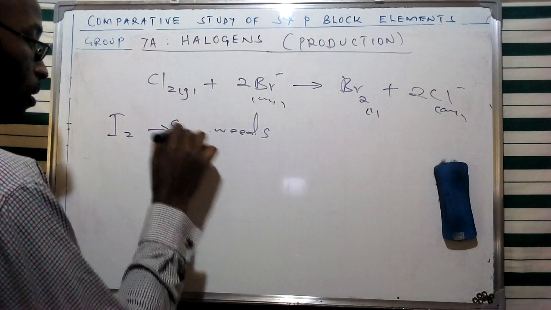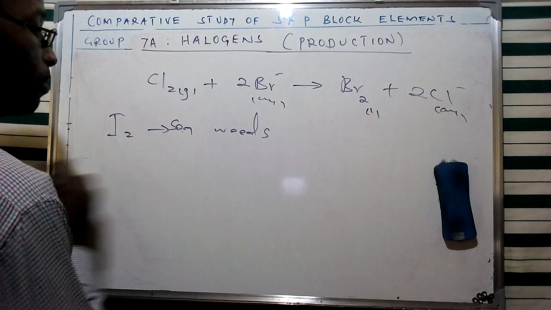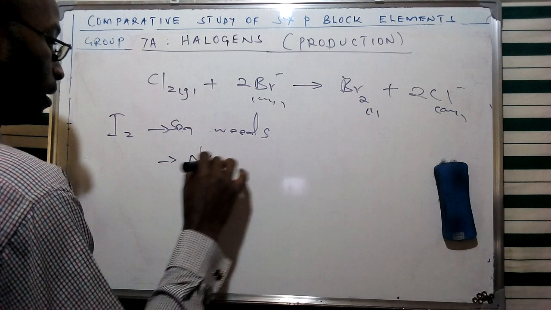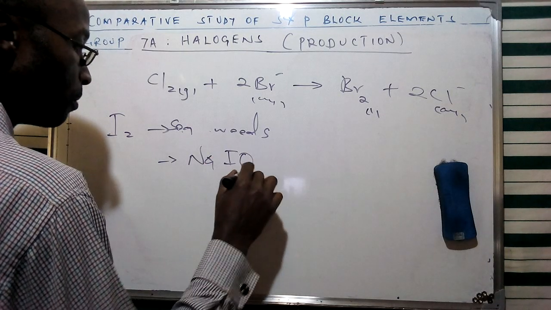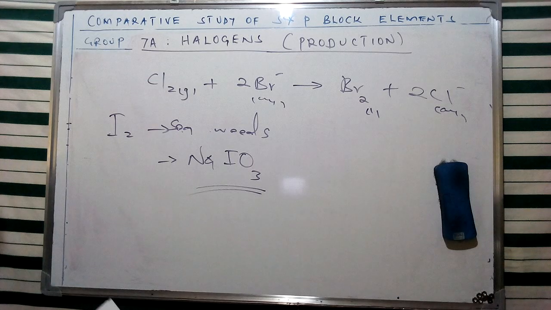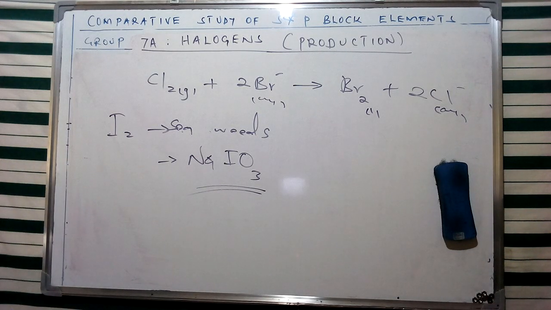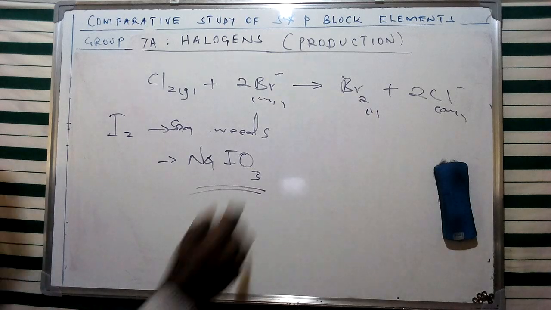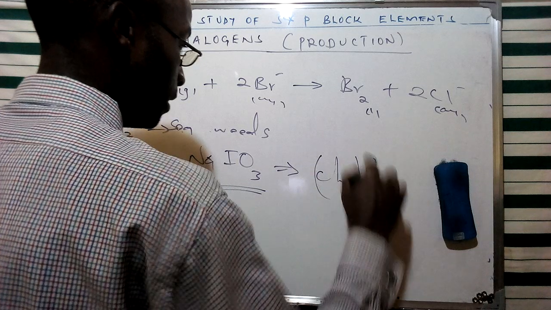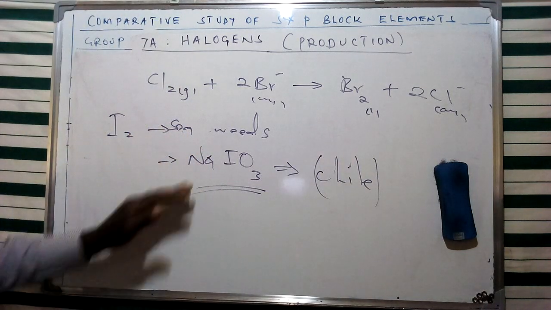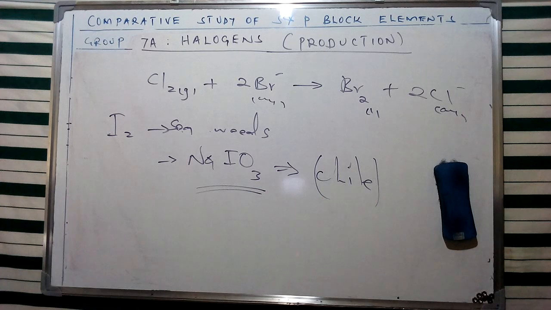So we're going to see that one of the sources of iodine is seaweed, and next we shall have this compound of sodium also being a chief source of large quantities of iodine. Now, this one can be found naturally in deposits, especially in the country of Chile. This is going to appear in the natural setup in Chile as a deposit in that specific form.